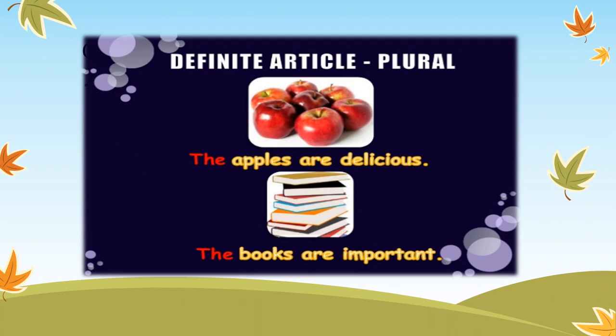The apples are delicious. The books are important. Here we have used the word the with plural words. This shows we can use the definite article the with singular words also and plural words also.